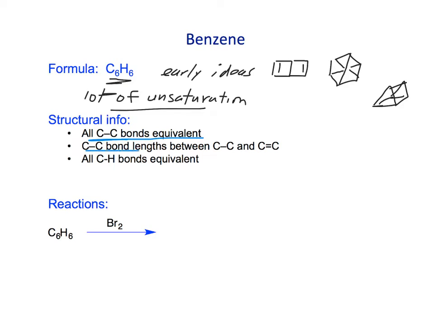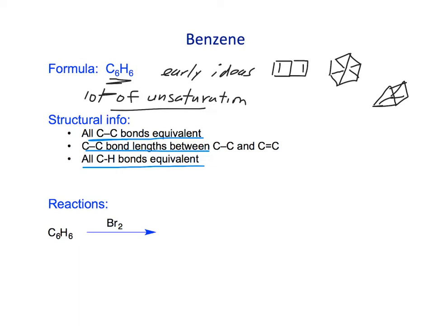All the carbon-carbon bond lengths are also equivalent. So if we make a structure with double bonds and single bonds to create unsaturation, all of those bonds are the same length, right? So we know that usually carbon-carbon double bonds are shorter than carbon-carbon single bonds. Okay, so that's kind of weird. And all of the carbon-hydrogen bonds are also equivalent. Okay, so there has to be lots of symmetry in this molecule.